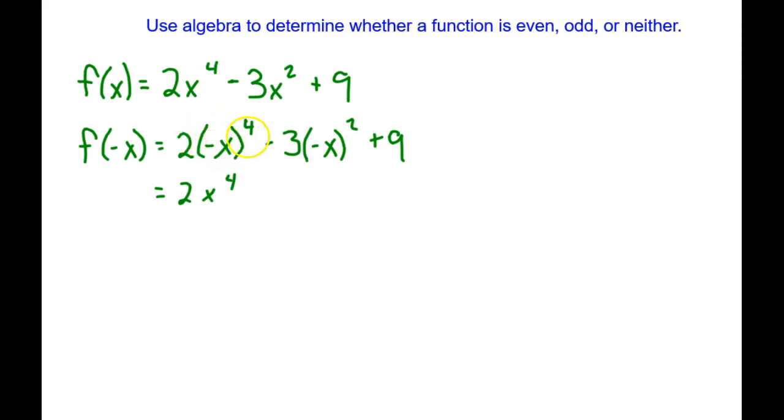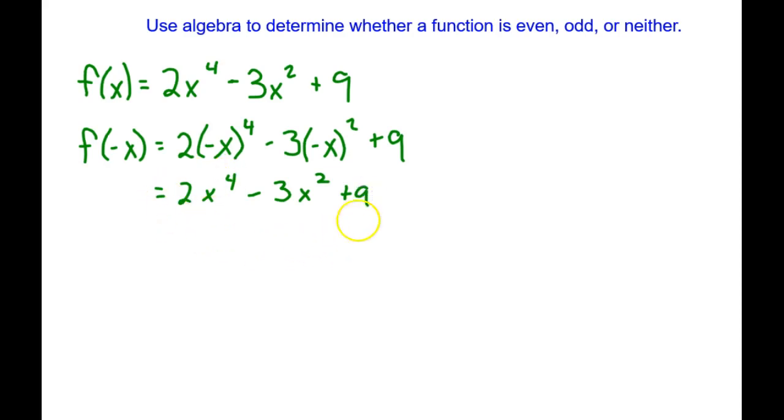Because this quantity is raised to an even power, this result is always going to become positive, so we can eliminate that negative. Same thing in the next part. We have negative x raised to the second power, which is even, so that negative is going to get canceled out essentially in the end, so this will become x to the second, and then plus 9 at the end.